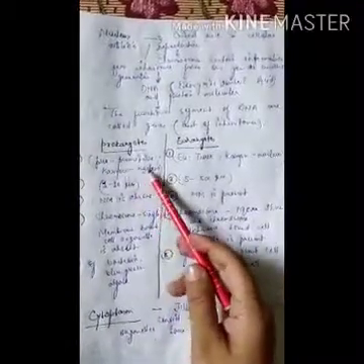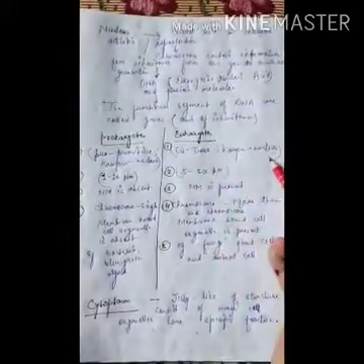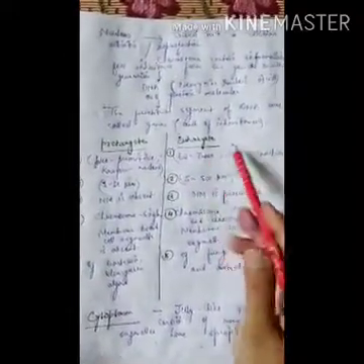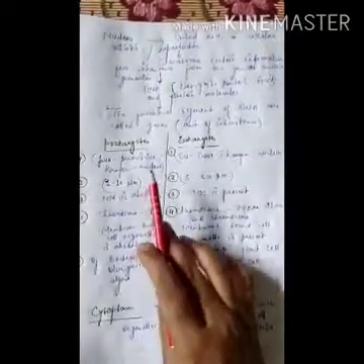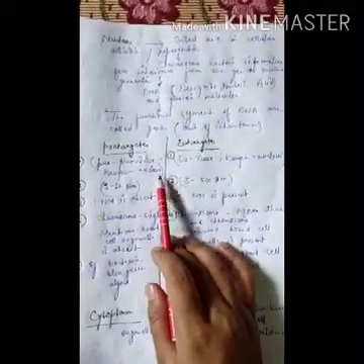Pro means primitive, karyon means nucleus, and eu means true, karyon means nucleus. Eukaryotes have a true nucleus with a surrounding covering called the nuclear membrane, but prokaryotes have no covering. They have a primitive nucleus.